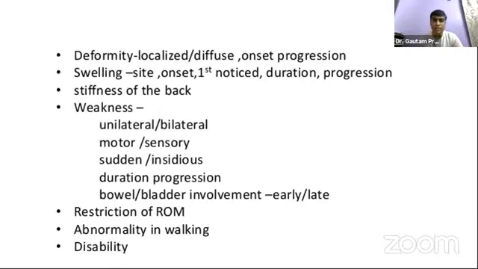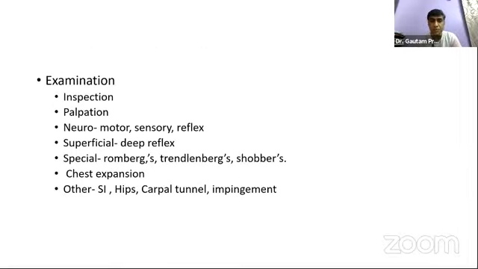We have to ask all these details because at times a lesion which we think is of cervical origin might actually be because of something in the brain, so we need to rule that out in the history as well. And always, after the patient has given you the detailed history, ask all those direct questions which the patient has missed telling you.